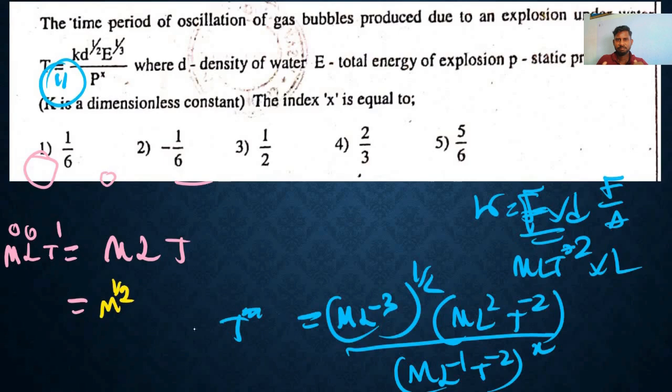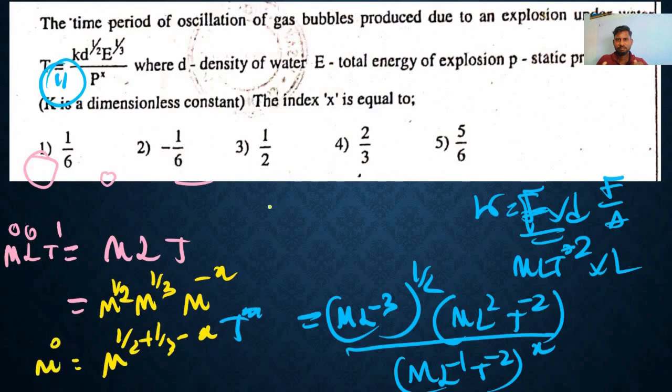So from the first one I get half, and from the second one again m over 3, and from the third one it's minus x, right? So we need to add them. So half plus 1 over 3 minus x should be equal to m naught, so it should be equal to 0.